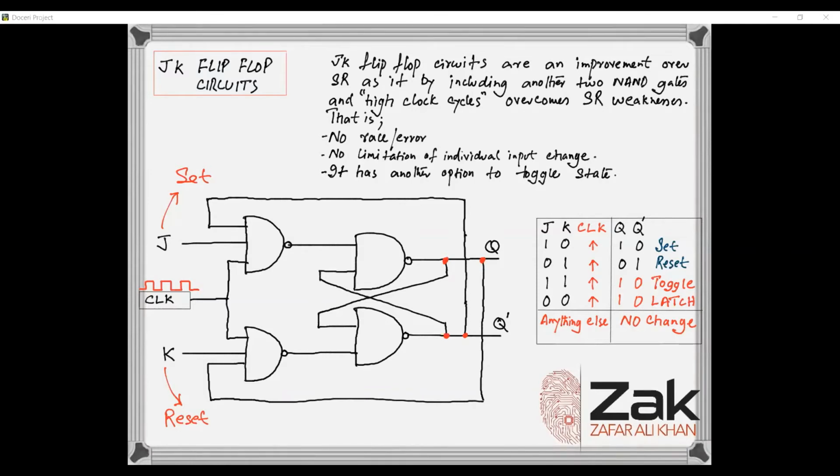JK flip-flop circuits are an improvement over SR, by including another two NAND gates and high clock cycles. And that overcomes SR weaknesses. What are those weaknesses? Errors, and the limitation of individual input.